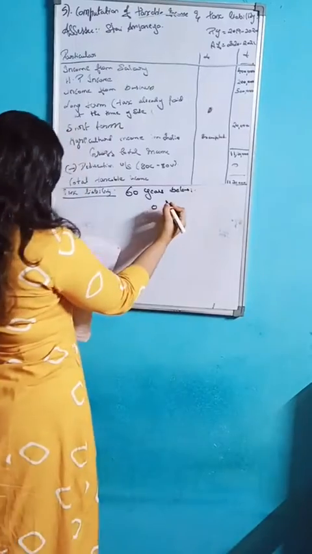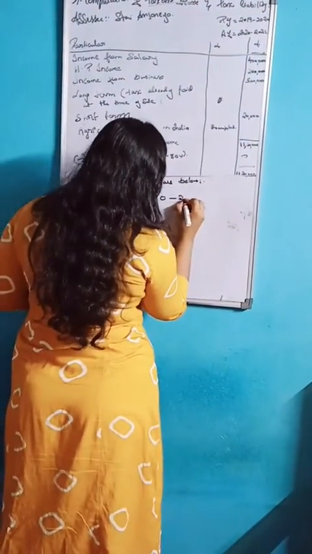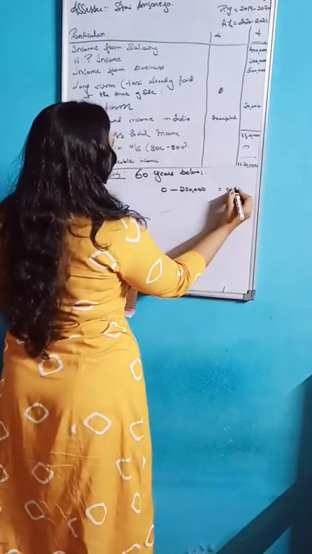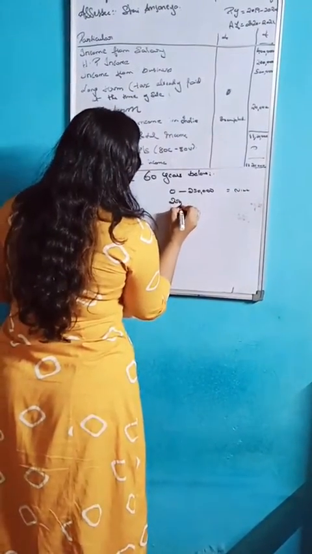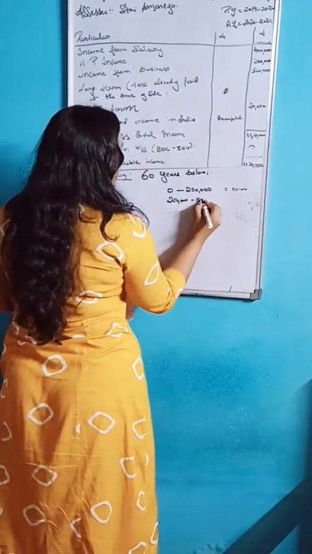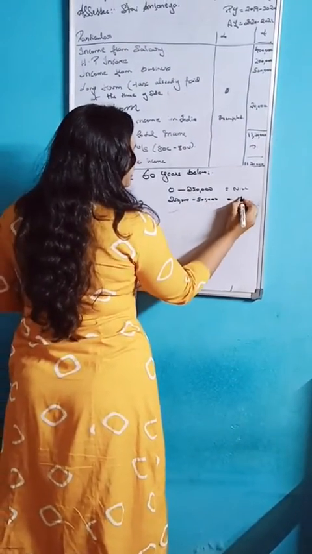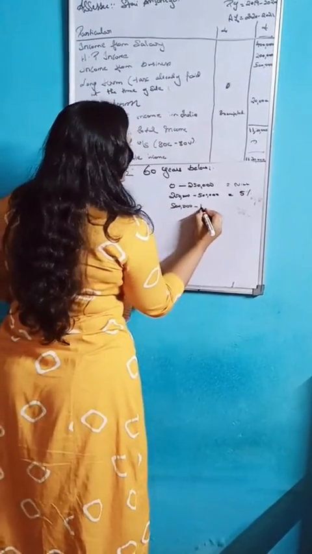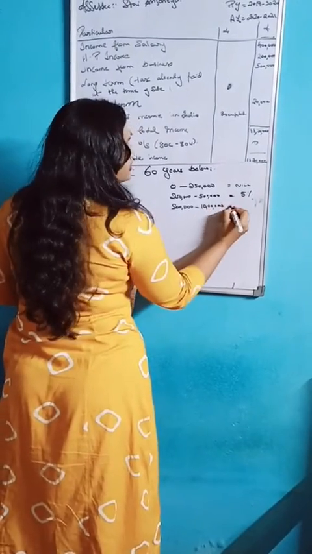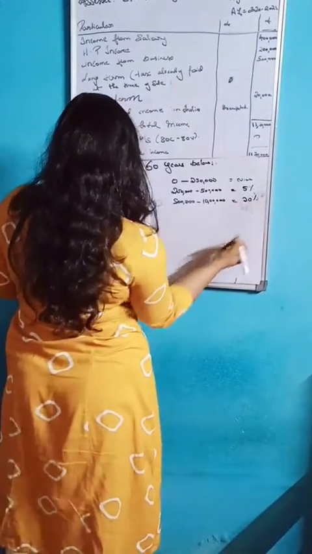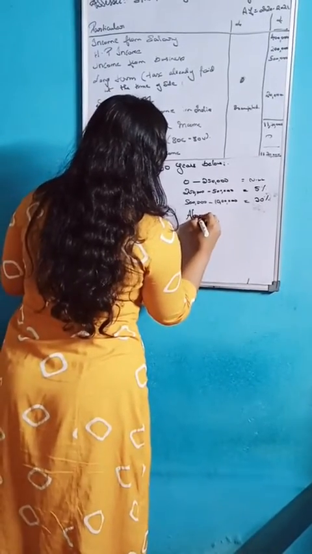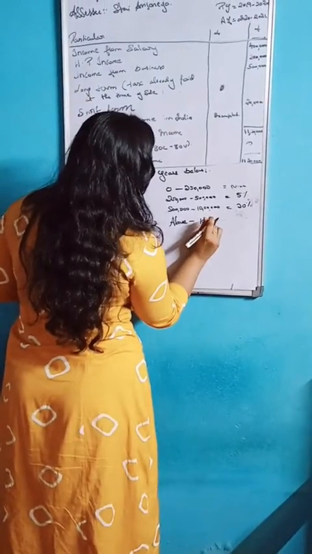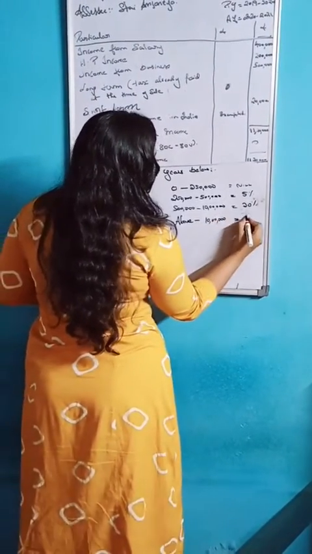From 0 to 2,50,000 it's nil. Okay. 2,50,000 to 5 lakh it's 5%, and from 5 lakh to 10 lakh it's 20%, and above 10 lakh it's 30%.